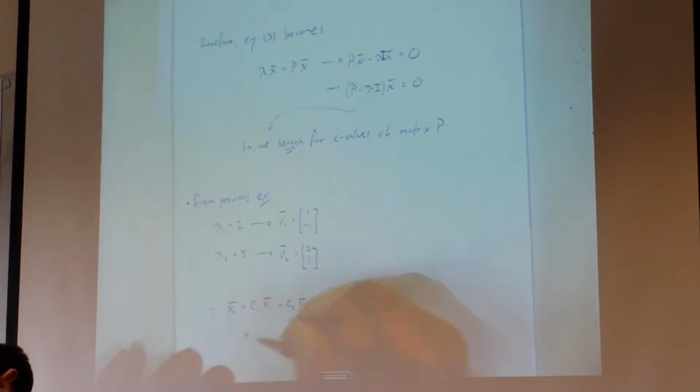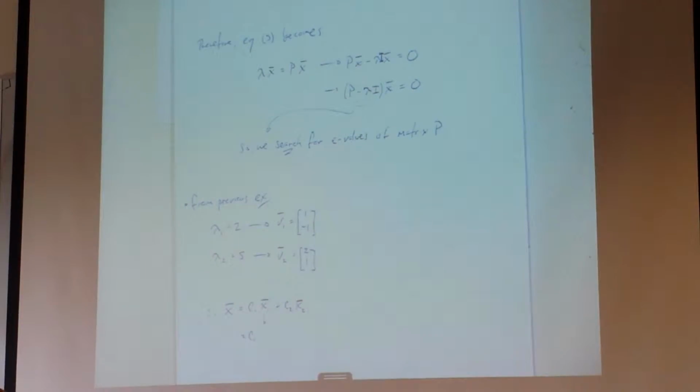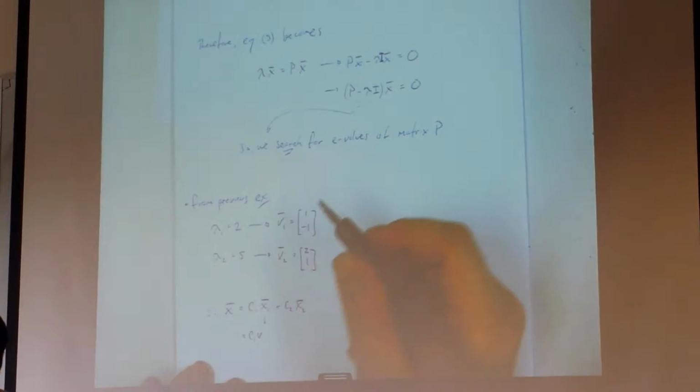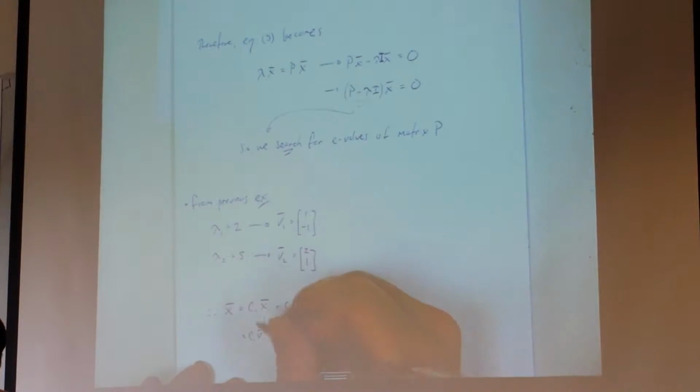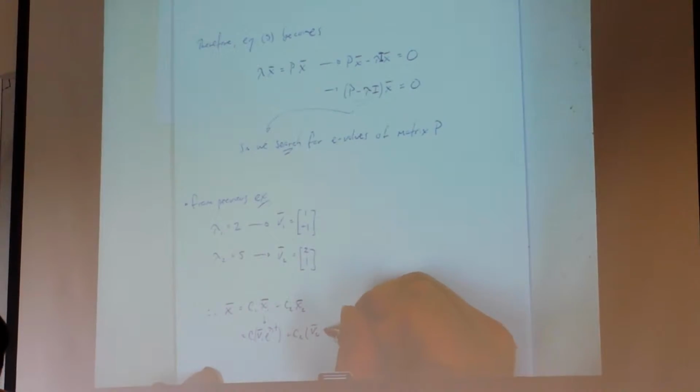And what we found is that we search for the form x bar equals C1 v1 bar e to the lambda 1t plus C2 v2 bar e to the lambda 2t.